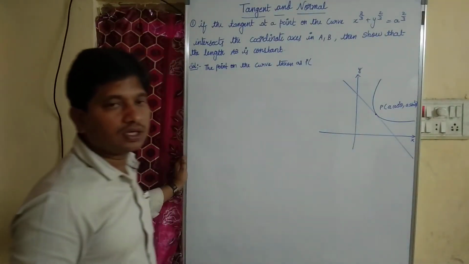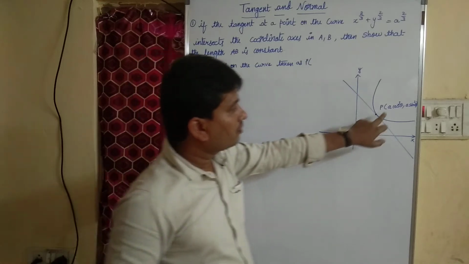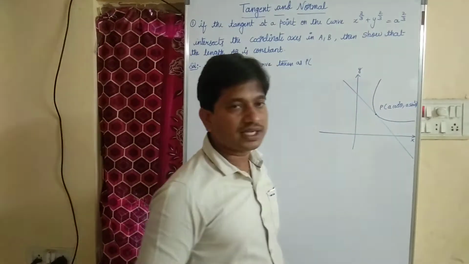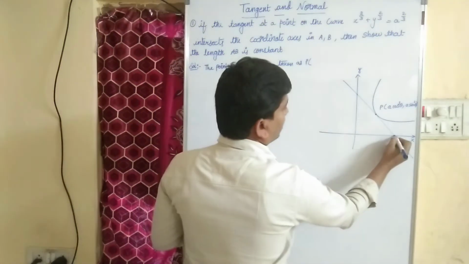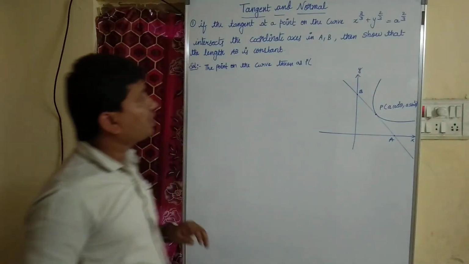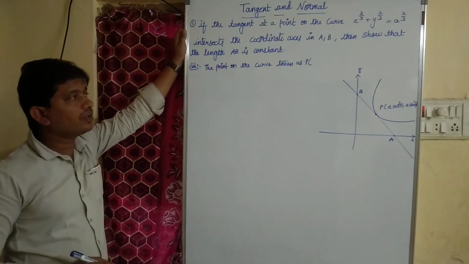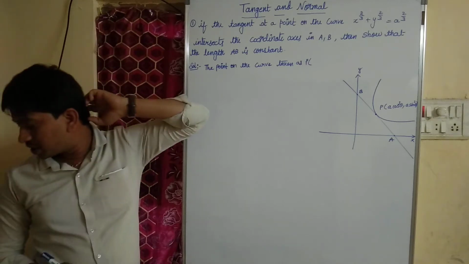The point on the curve is taken as P, which is a cos cube theta comma a sin cube theta, and the tangent is intersecting the coordinate axis at A and B. What we need to say? We need to prove that the length of AB is constant.